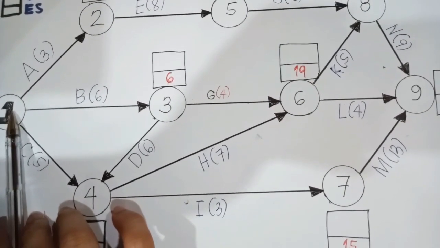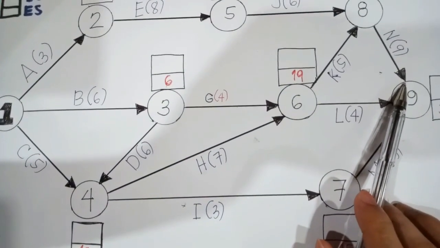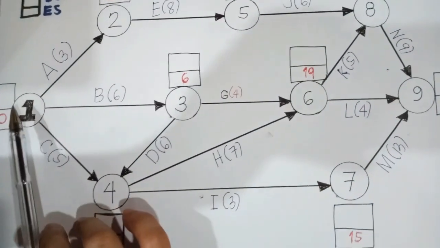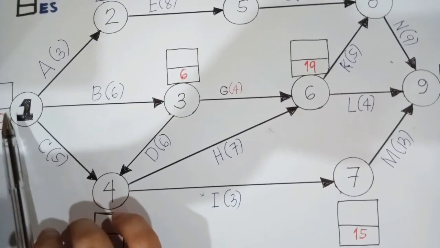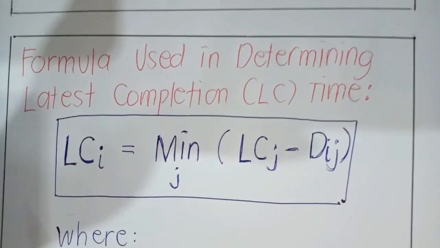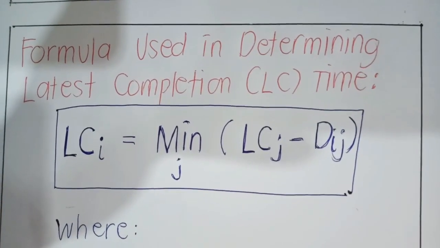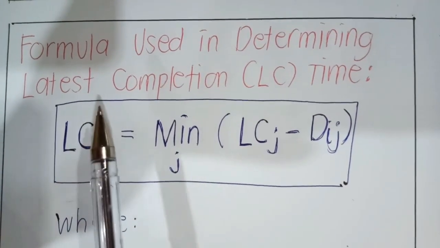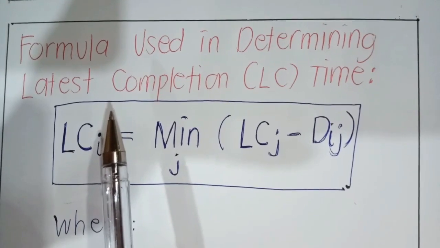So we will start from node 9, and take note that for the last node, the latest completion time should always be equal to the earliest time of the starting node. So how do we calculate then the latest completion time? Now, as you can see, this is the formula that is used in determining the latest completion time.